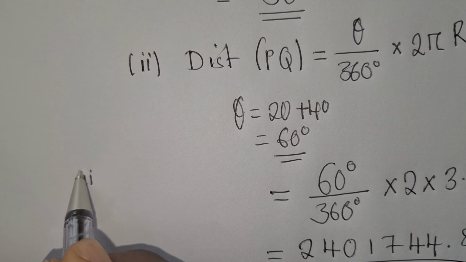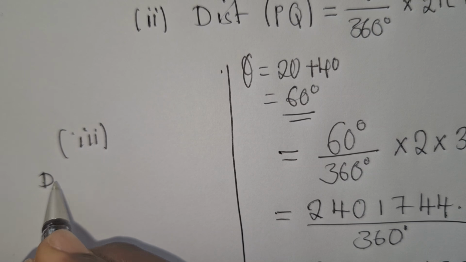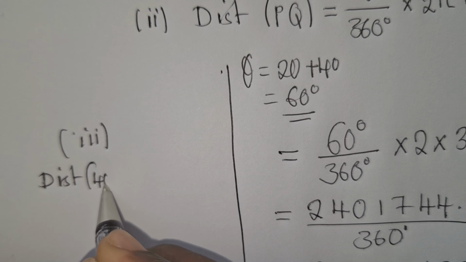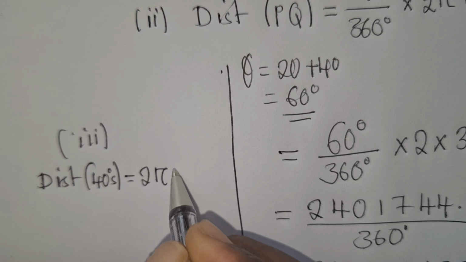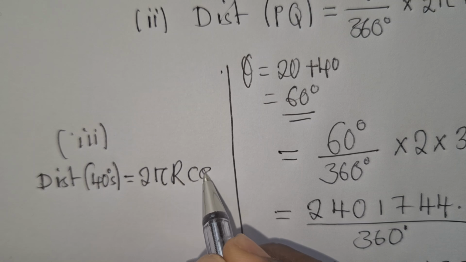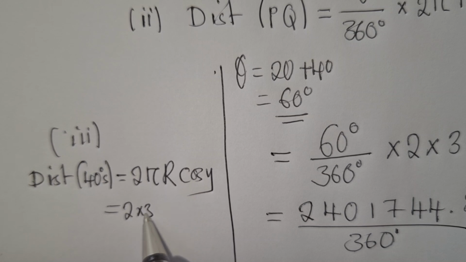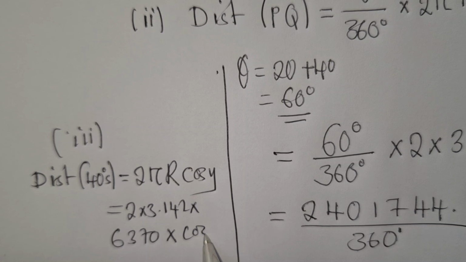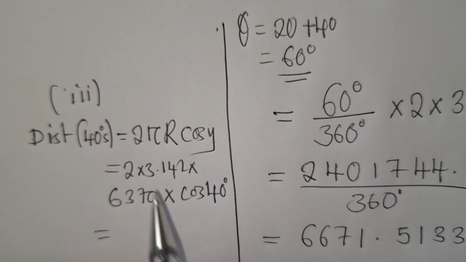So for question number 3, we're going to write the formula, which is distance, because that's length, around 40 degrees south will be equal to 2 pi capital R. This is the formula we use when finding circumference of a circle, but we just say cos y because it's a latitude. So we have 2 times 3.142 times the radius here, 6,370, and then we say times cos, the name of the latitude, 40 degrees.